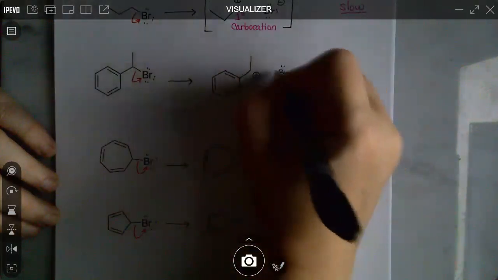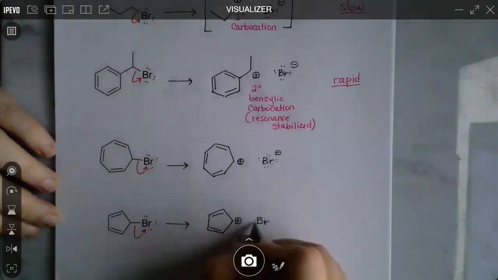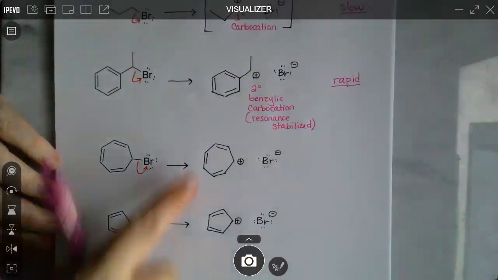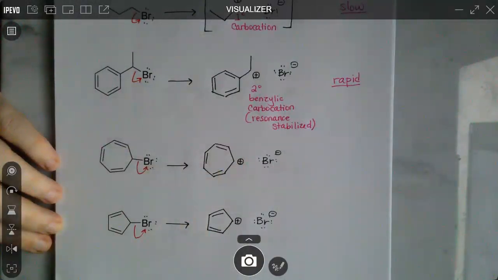And of course, in all of these, we also form bromide. So in these cases, we're looking to see, is this stabilized in any way?